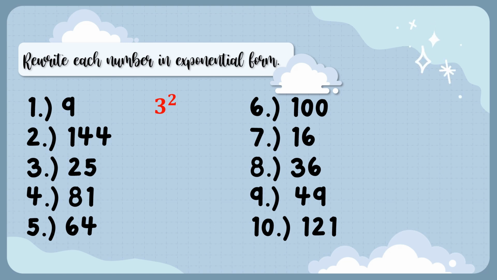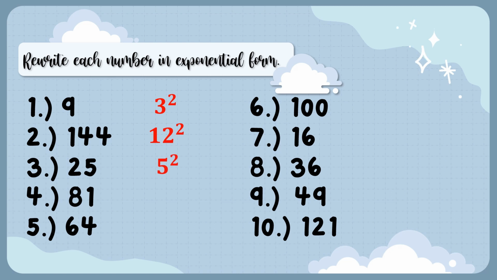Okay, now let's have number 2, 144. The exponential form of 144 is 12 squared because when you expand 12 squared, that becomes 12 times 12. And basically, 12 times 12 is equal to 144.